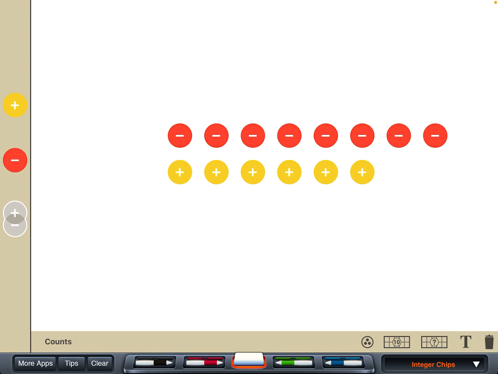So that is 1, 2, 3, 4, 5, 6, 7, 8 negatives. So we write that as a -8. And then we have 1, 2, 3, 4, 5, 6 positives. So -8 plus 6.